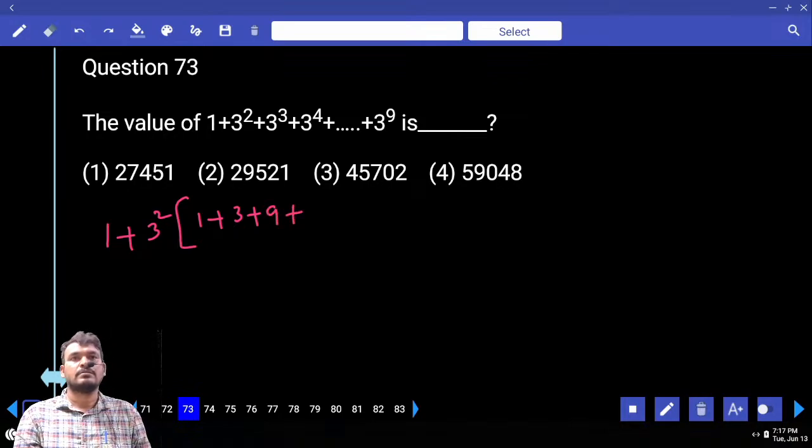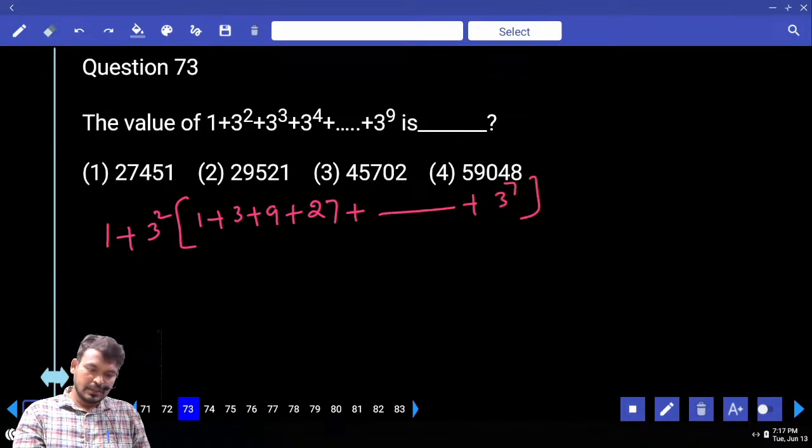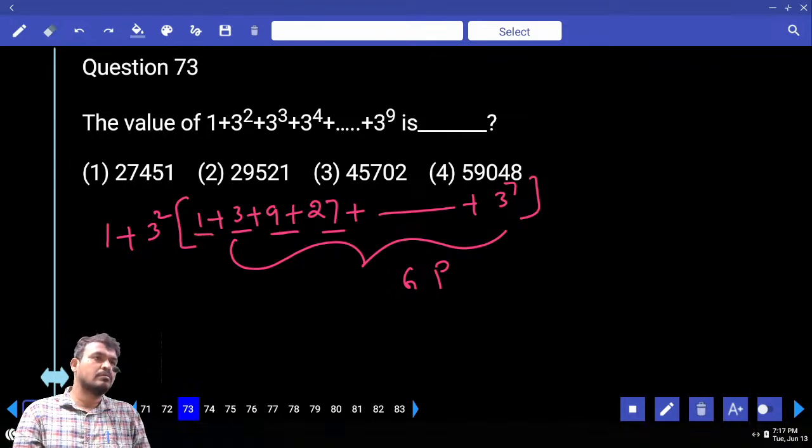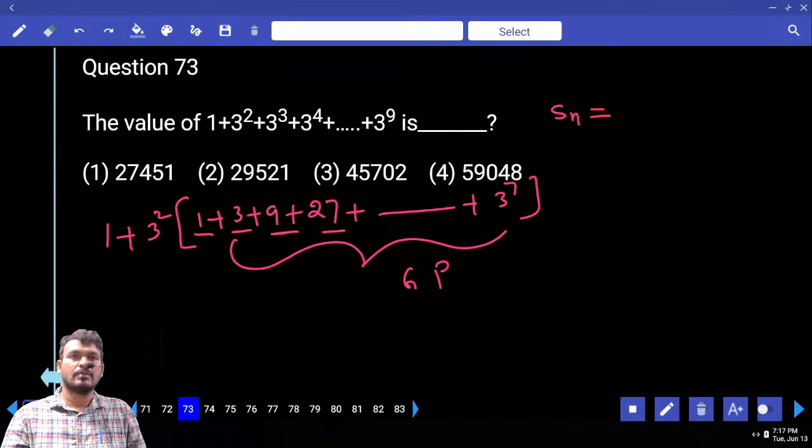Next one, 27, plus and so on up to 3 power 7. Is this series a geometric progression or arithmetic progression? Geometric progression. Second term divided by first, 9 divided by 3, 3. 27 divided by 9, 3. 3 divided by 1, 3.